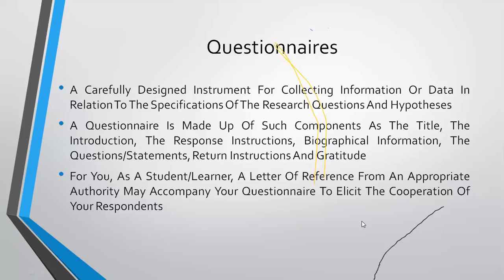Then you move to your question statements, whereby they will answer. If it is a statement, they will either pick true or false, or rather agree, strongly agree, depending on what you have used. Then you have a section for return instruction and gratitude.